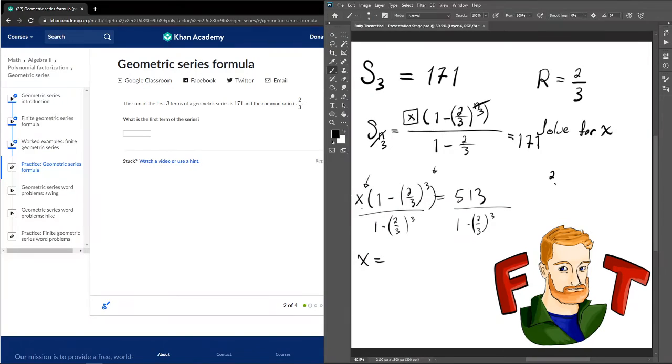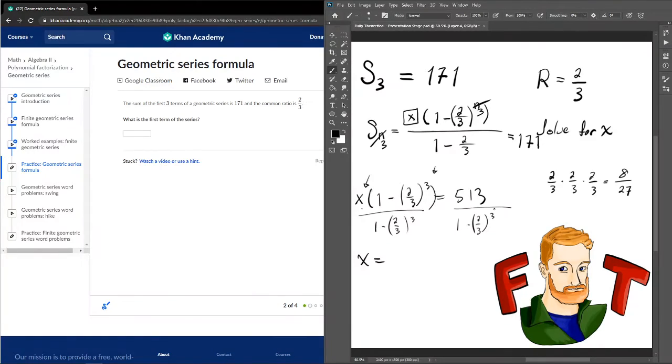So 2 over 3 cubed, so that times 2/3 times 2/3 equals 4, 8, 9, 21, no, 27. 8 over 27, times 1.